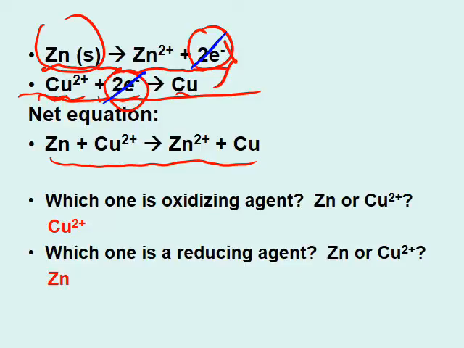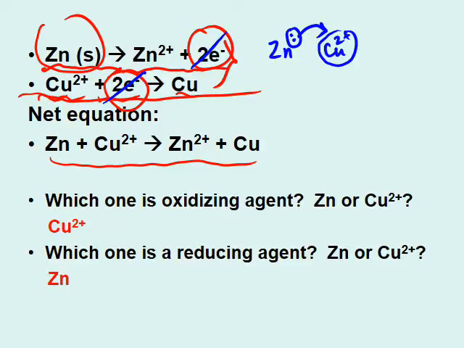Here we are going to define what is called oxidizing agent and reducing agent. So let's look at this reaction again from a different angle, just showing zinc and copper 2 plus. What zinc is doing is throwing its electron pair, and copper 2 plus is receiving the electron pair.